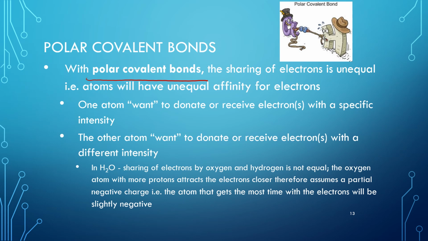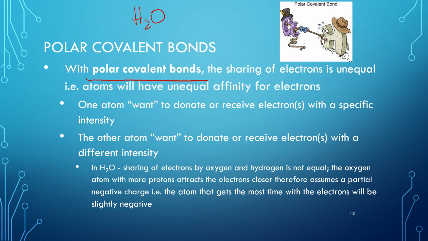And that's because the electrons are closer to one atom than another atom. And that gives a partial charge. The best example of this is water. And our next lecture is just going to be about water. And we have a lab that we'll be doing that's mostly about water.